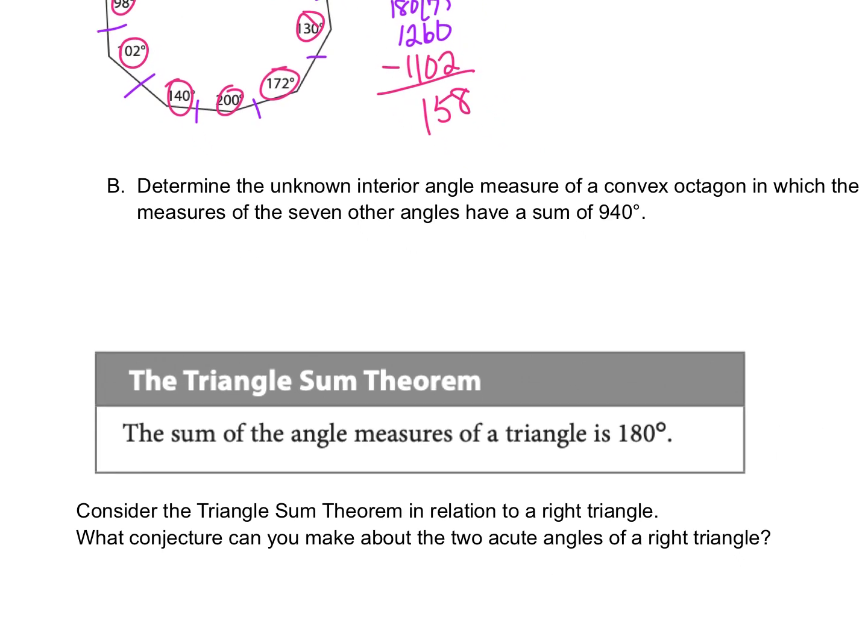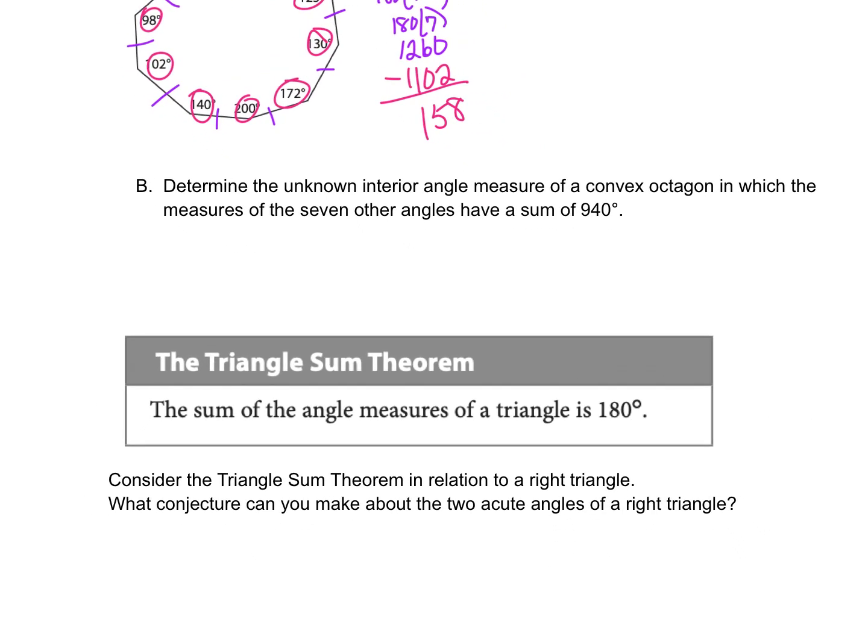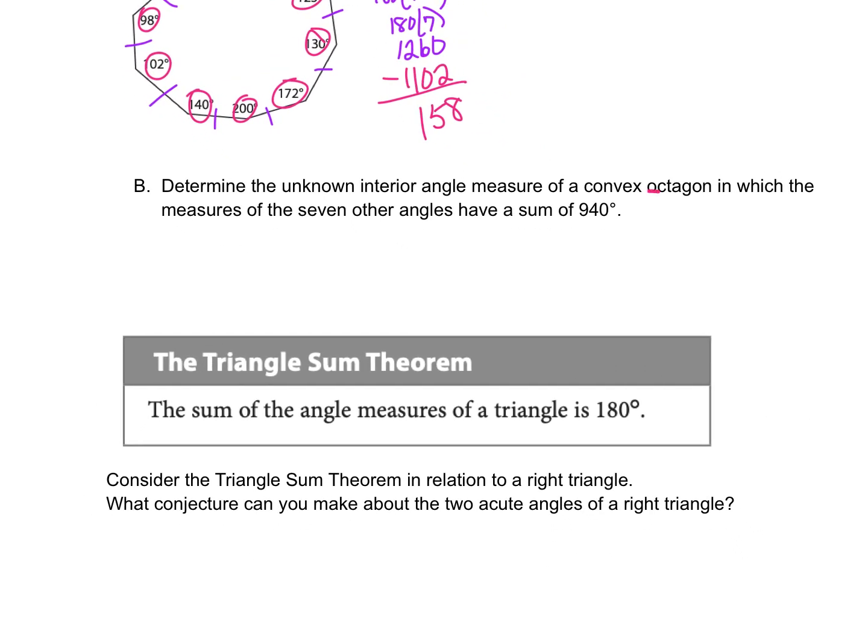So now it says, determine the unknown interior angle measure of a convex octagon in which the measure of the 7 other angles is 940. Well, the interior angle sum of an octagon, right? We have to find that.